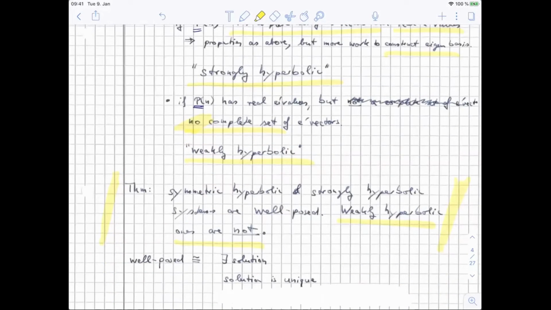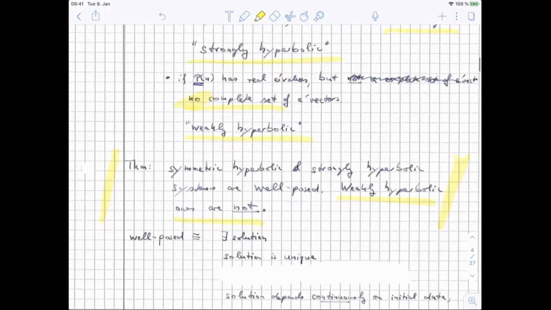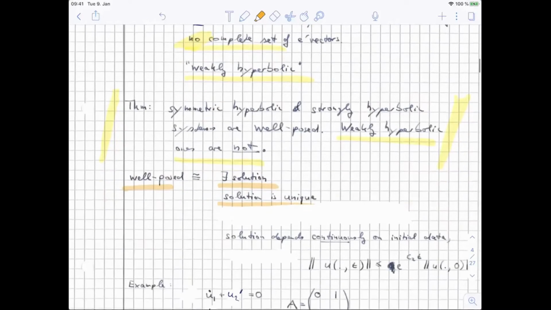It gives a handle on when equations are well posed, when they can be solved easily or realistically. Well posed means that the equations have a solution that exists, the solution is unique, and the solution depends continuously on the initial data.